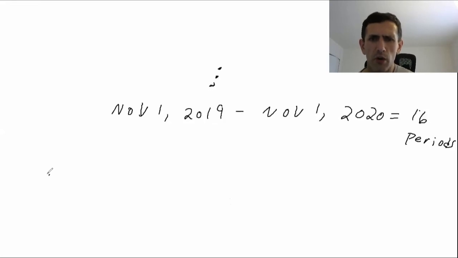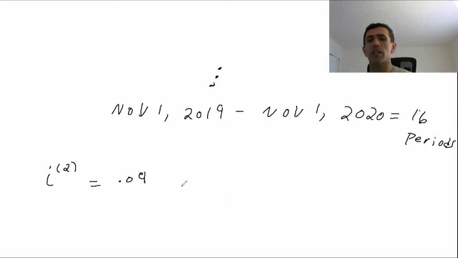Okay, so why is it natural to be given a nominal interest rate? Well, nominal semi-annual interest is 9%. So if you remember what that means is the actual 6-month effective interest rate, meaning the actual 6-month interest rate, is just this number here divided by 2.